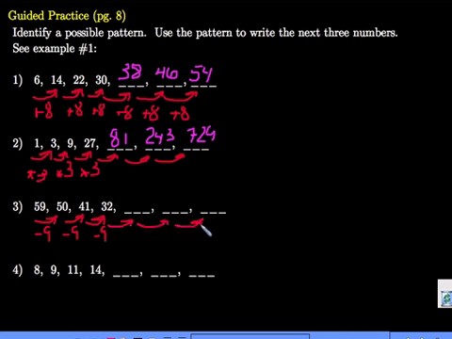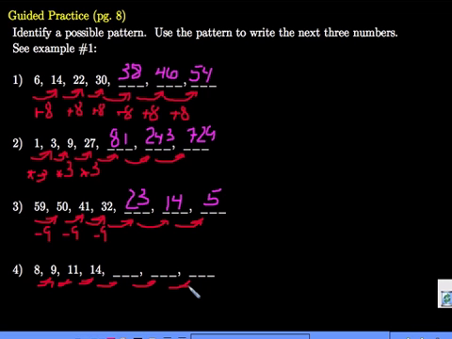That's my pattern all the way across. 32 minus 9 is 23. 23 minus 9 is 14. And 14 minus 9 is 5. So we just simply use that same idea coming across for the next one.